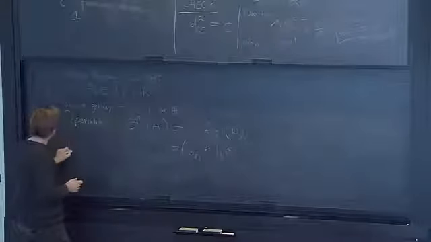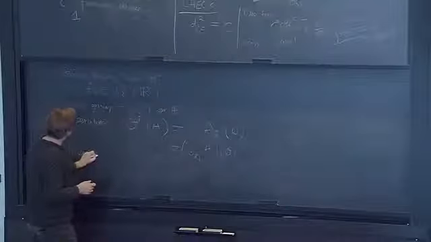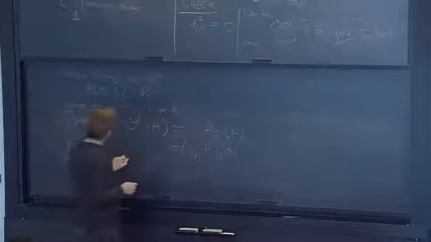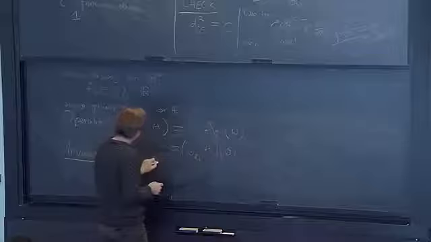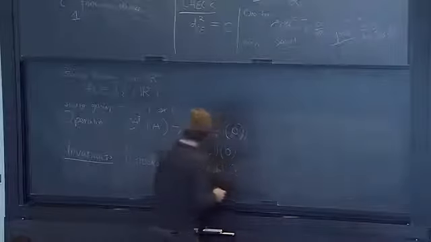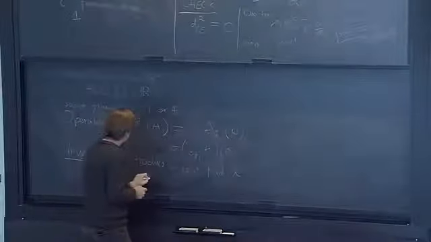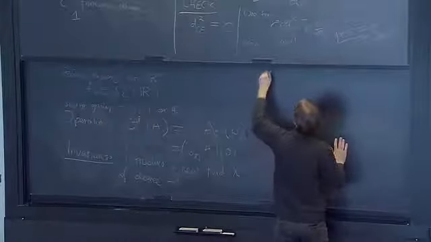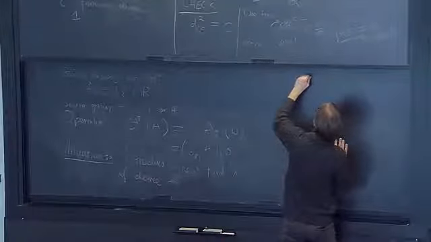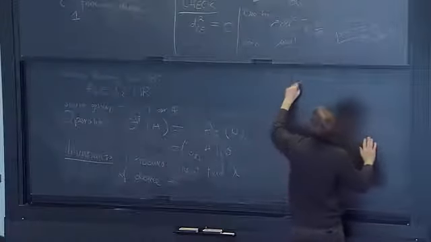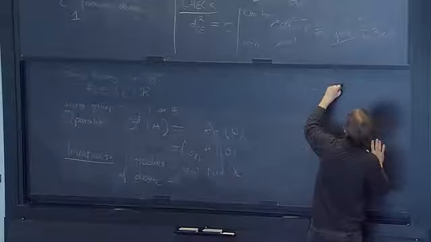Okay, so how do we impose invariance? We introduce a new field, chi, of degree minus 1, and the corresponding operator C of chi is the evaluation of chi at 0.